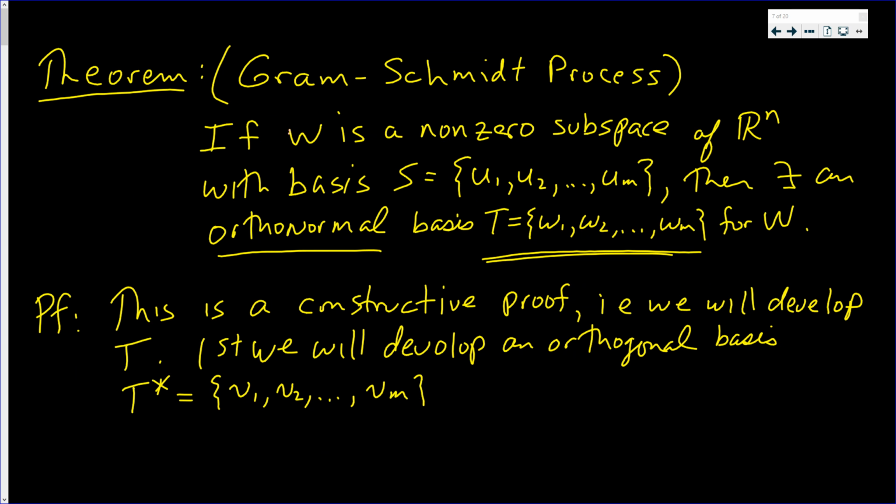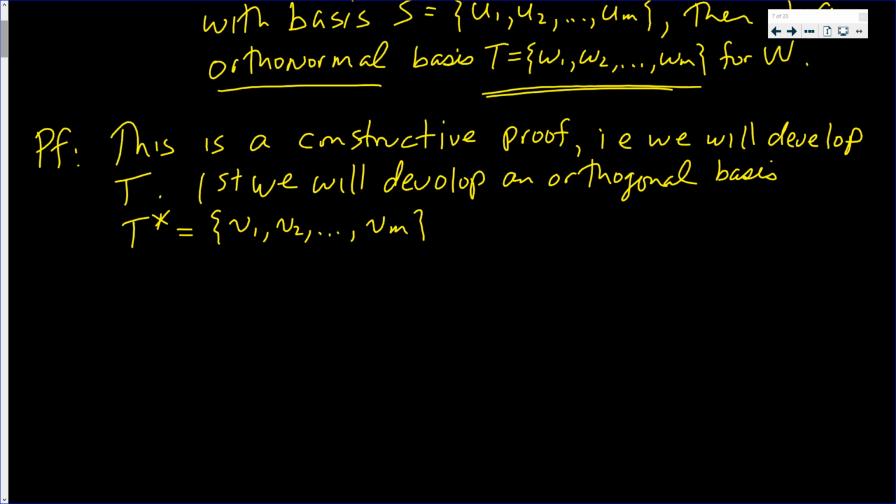Okay, so let's go and construct it. The first thing we're going to do is let V1 equal U1, the first vector in the basis S. And there's no problem there because U1 doesn't have to be orthogonal to anything yet.